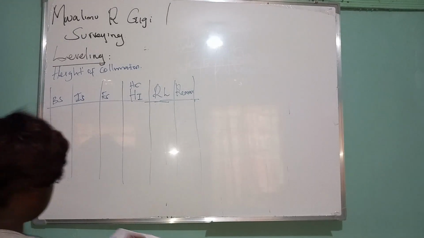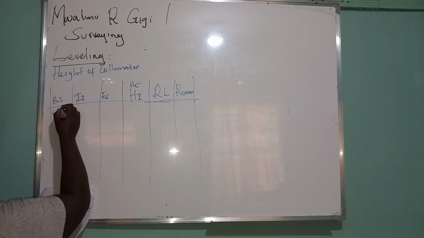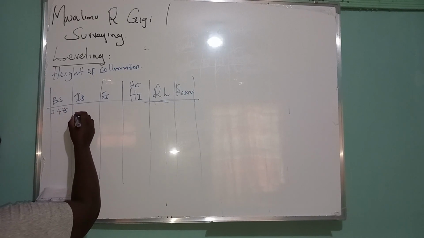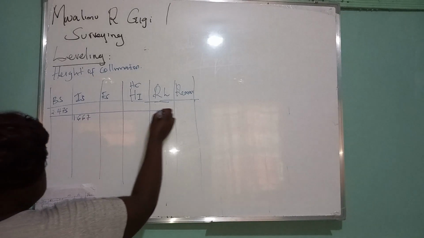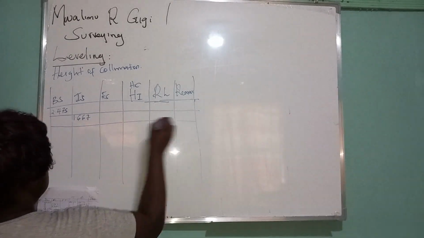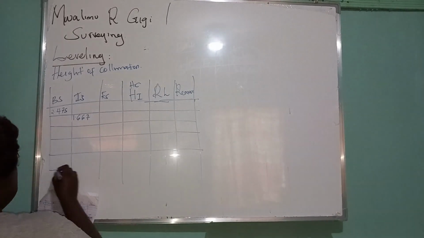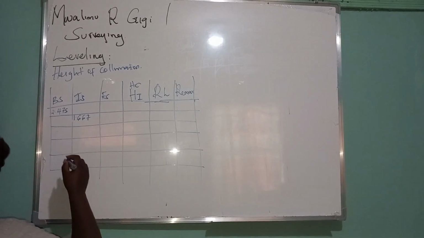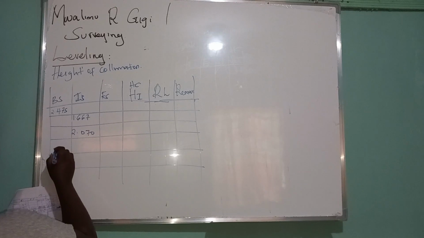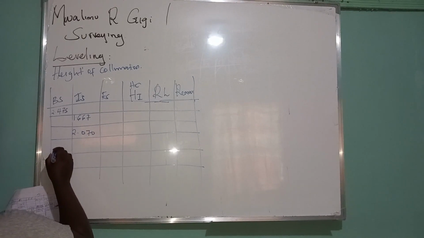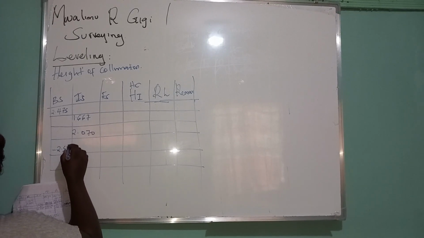So the data is 2.475. We have 1.667. So that is the first row. Then -2.070, negative 2.538.